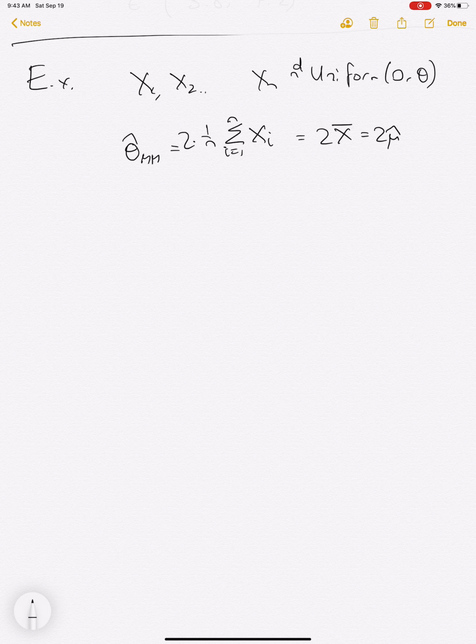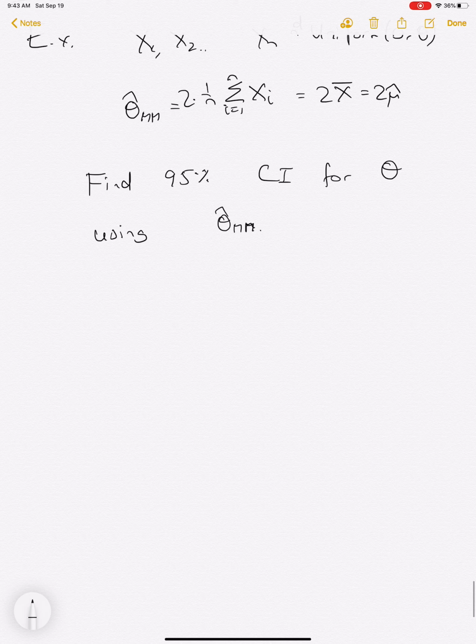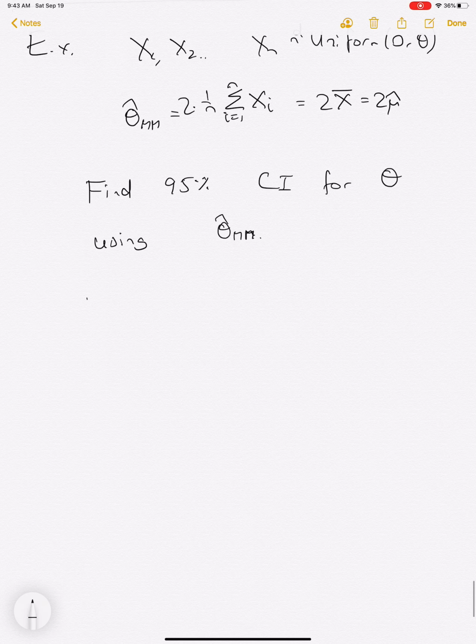And so if we want to find a 95% confidence interval for theta using theta hat, we again just use our formula.